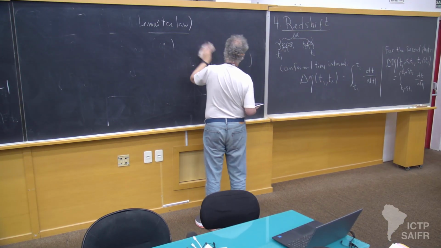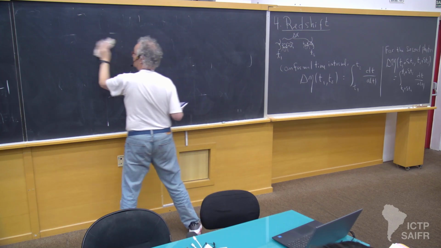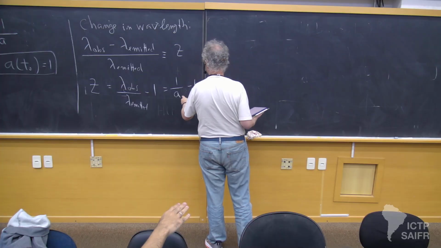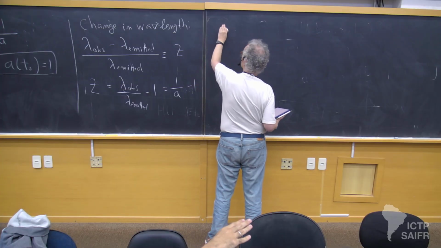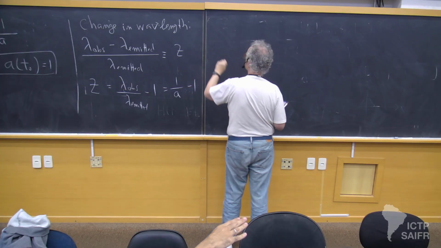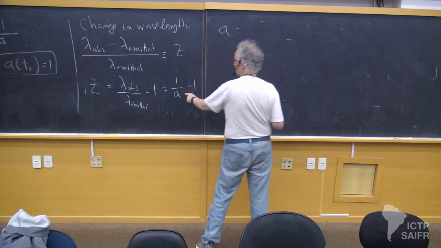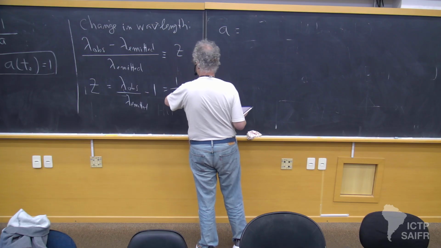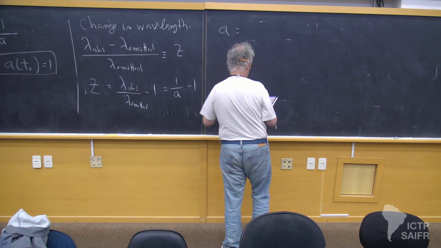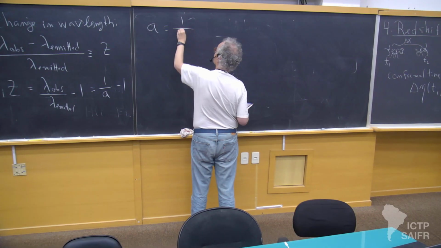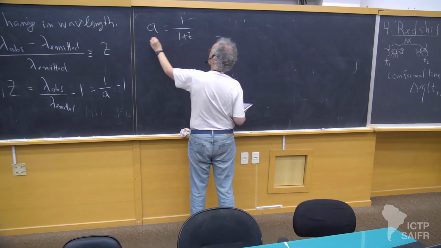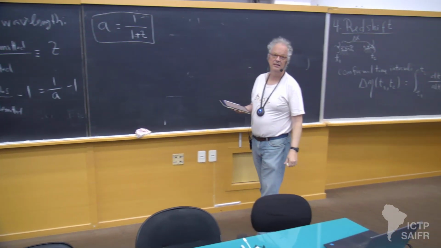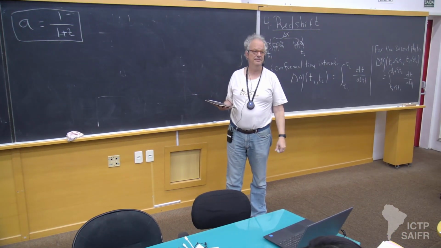So the wavelength is changed because of the expansion of the universe. And there's a relation between the redshift, that's something that's measured, and the wavelength, and the scale factor. So I can write this as A. So just put this 1 over A on the other side. So this is 1 plus Z, so A is 1 over 1 plus Z. Okay?